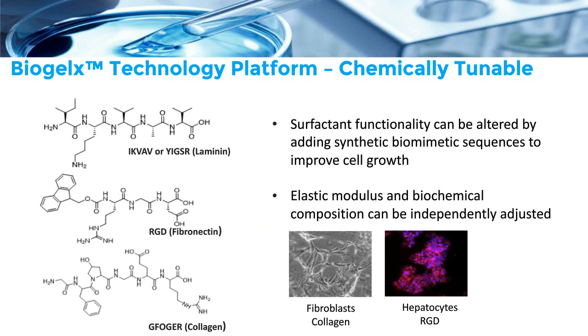As I mentioned earlier, one of the challenges with synthetic peptides has been the interaction between the extracellular matrix and cells, and this has been a key focus of development here at Biogelx for the last few years. What we've done in order to address this and ultimately to improve cell growth within these synthetic materials has been to identify the materials that naturally cause cell attachment and encourage good cell growth, such as laminin, fibronectin and collagen, and we've been able to identify and select synthetic sequences for these materials and to integrate these into the synthetic technology platform.